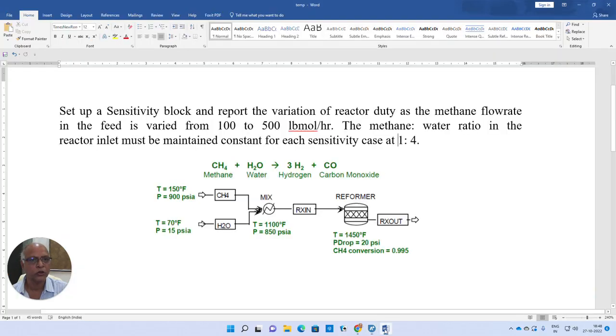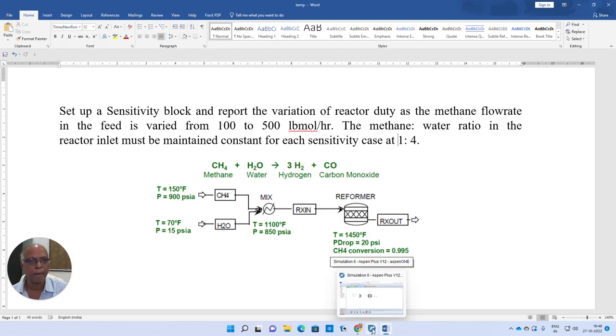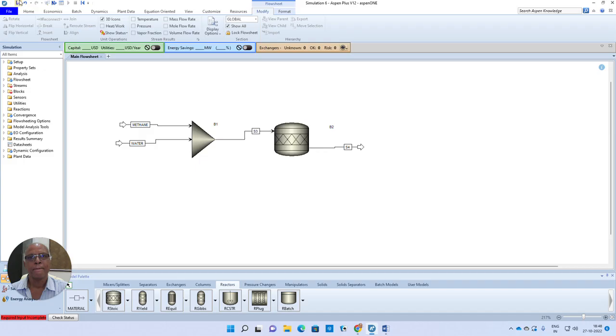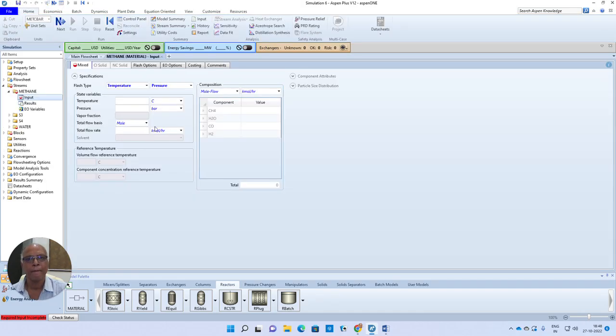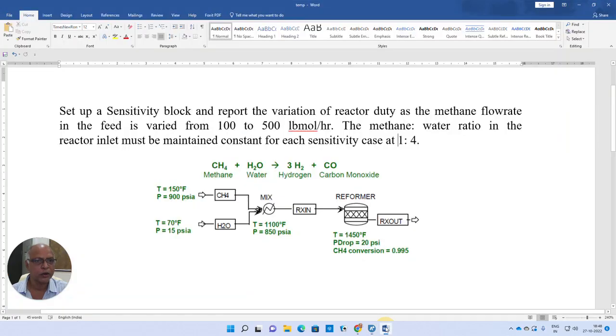As you can see, the temperature and pressure are given here. So you should be able to make use of these values. We are going to use the engineering unit system. So the methane is entering at 150 degrees Fahrenheit, 900 psia, and the mole flow rate, let me take the initial value of 100 lb moles per hour.